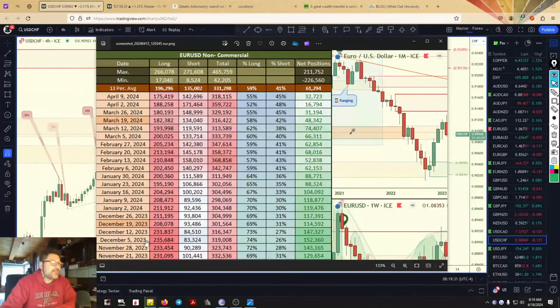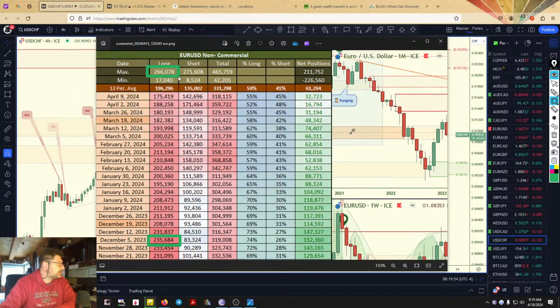Back in December, 235,000. I said, guys, 235,000 is very close to their all-time maximum long position of 266. So what do you think is going to happen? They're going to start taking profits on their long positions.